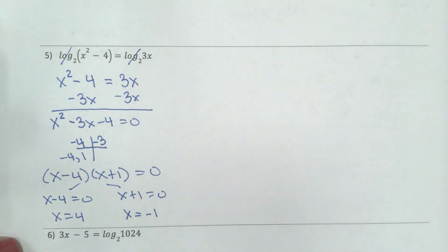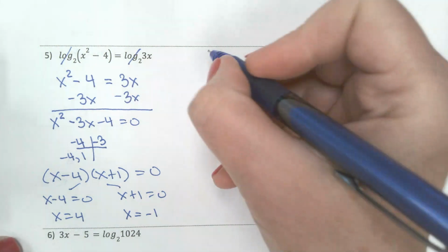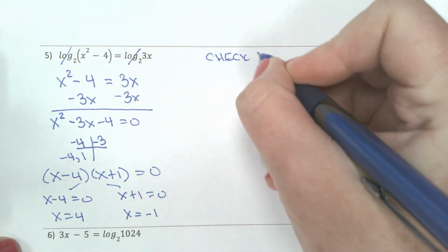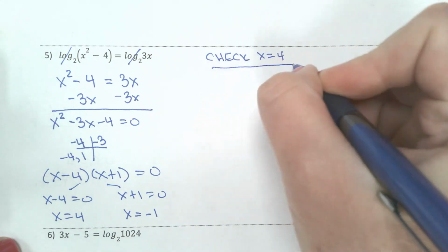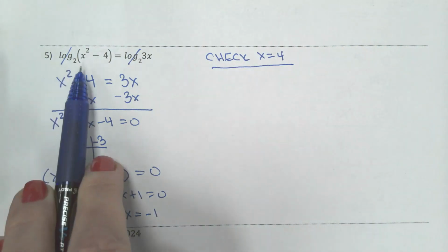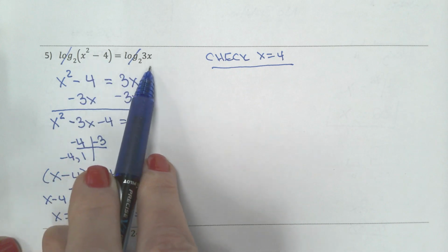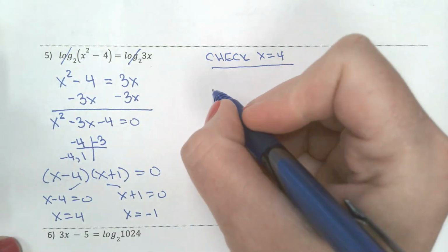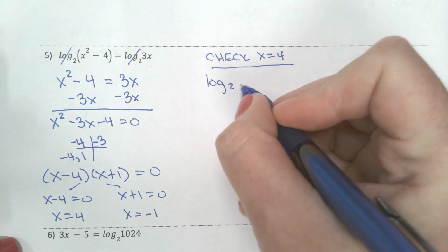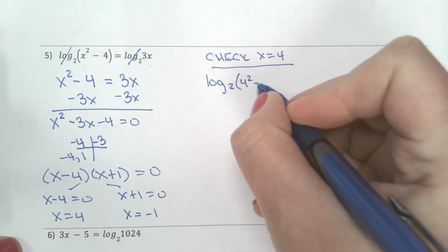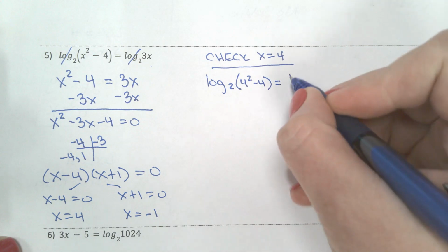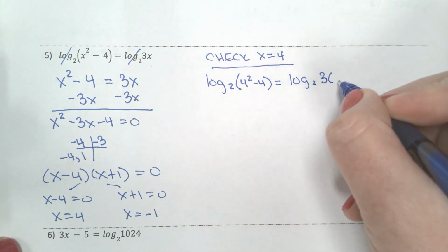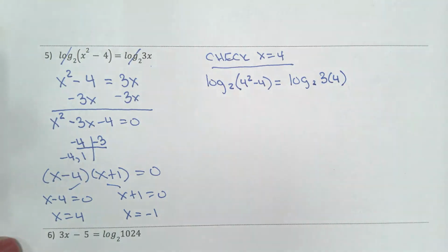Anytime you get two answers, you should absolutely check your work. So I'm going to check x equals 4 first. I'm going to plug it in two places because I have an x on both sides of the equal sign. So I have log base 2 of (4 squared minus 4) equals log base 2 of (3 times 4).